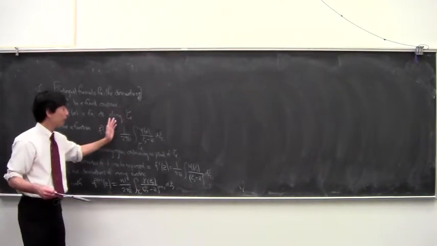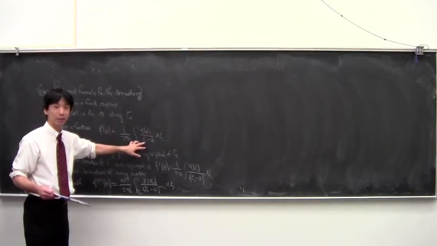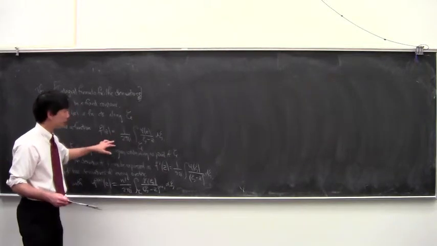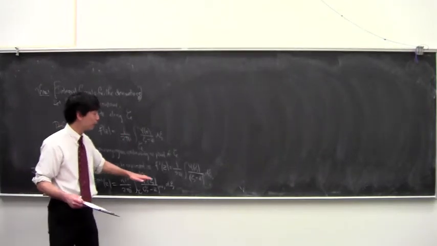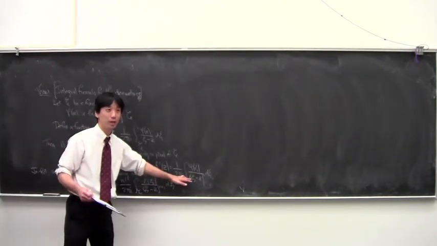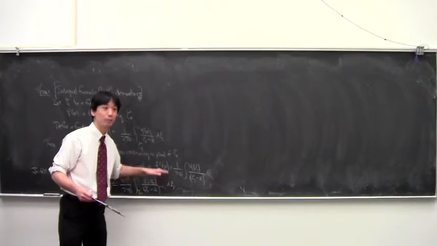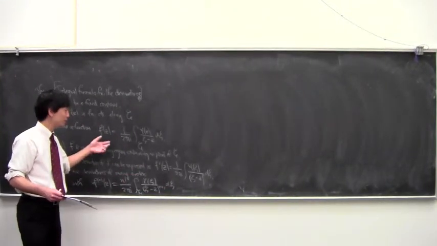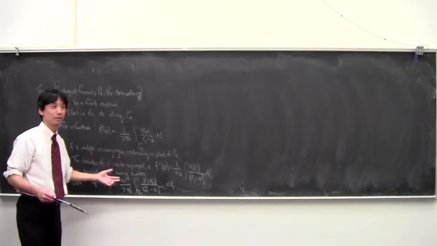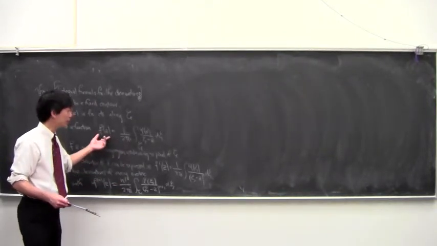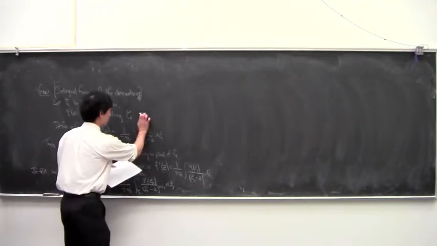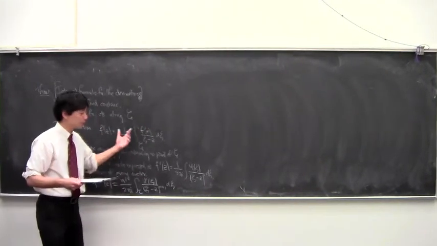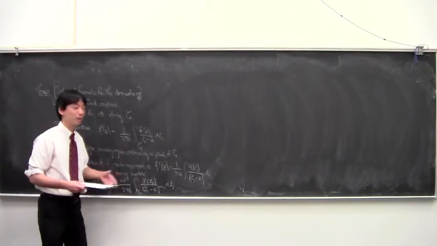If you have an integral that defines a function, then that function is infinitely differentiable, and its derivatives also have integral formulas. In particular, analytic functions will do this. By Cauchy's integral formula, an analytic function has an integral form, and so it's infinitely differentiable.